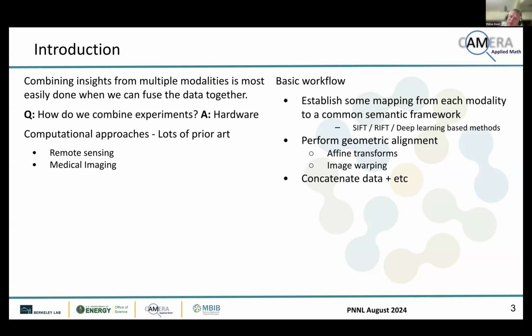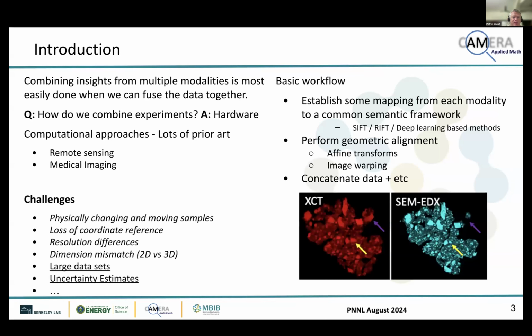Once you map those different modalities to that kind of framework, you can perform a geometrical alignment using just simple rotations and translations and image warping as well in order to take care of things. And then after that, you have to concatenate the data.